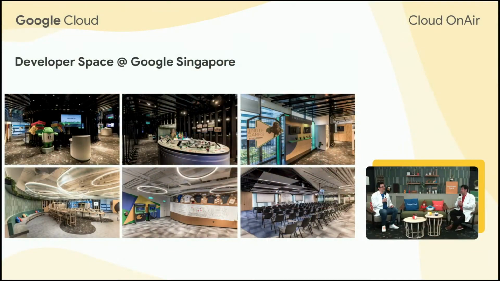Great. So I understand you brought some photos with you today. Can you tell us a little bit about some of the different spaces that we have? Sure. One of the key considerations when we were designing the space was to make sure that it's welcoming, and that it represents a home for developers. The very first photo is what you see when someone walks through the entrance.